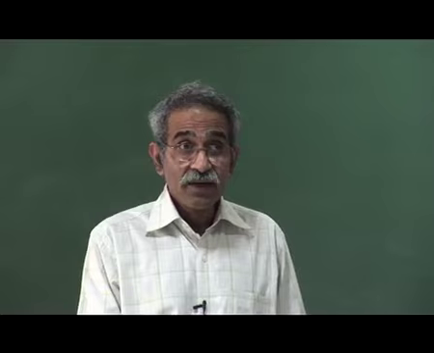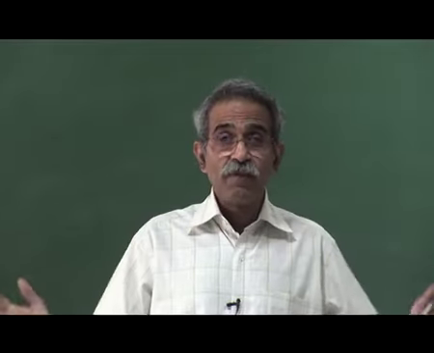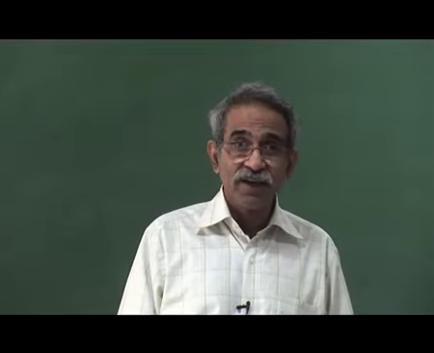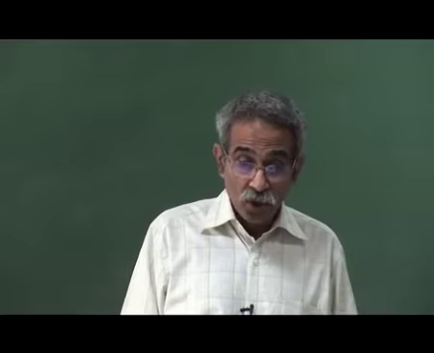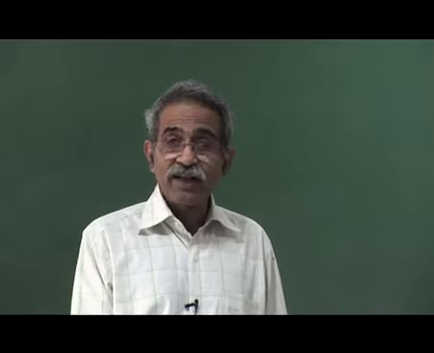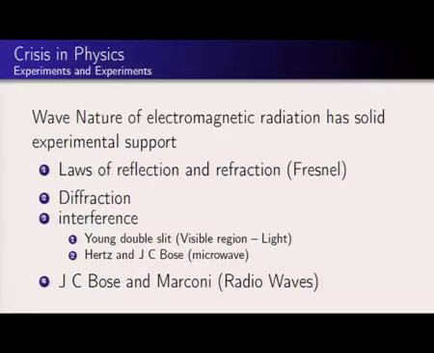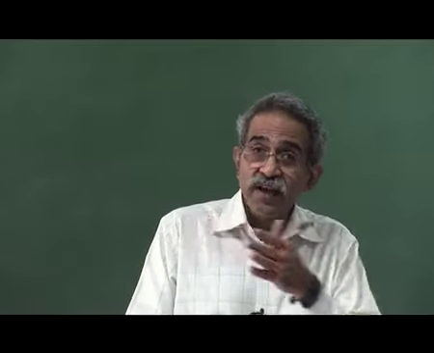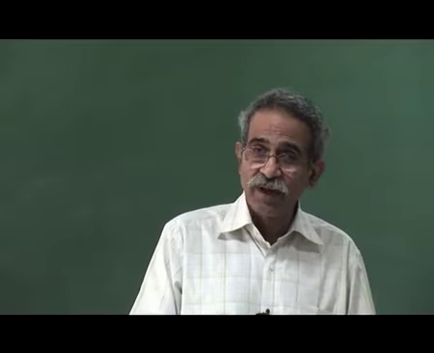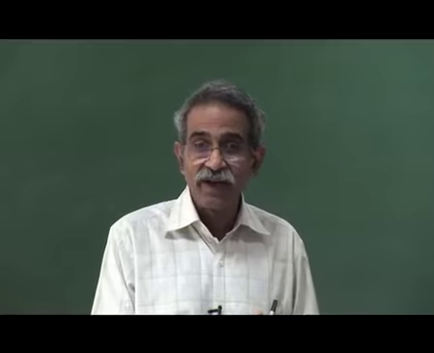But we see this way, the region of applicability of the electromagnetic theory, it is working everywhere. So the wave nature of electromagnetic radiation has solid support from reflection, refraction, interference and diffraction over a large range of wavelengths, not just in the visible range, but also outside the visible range.